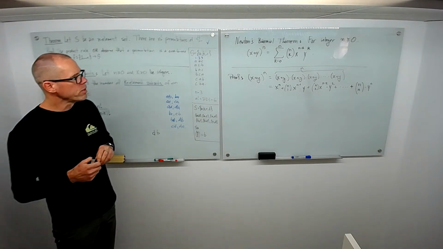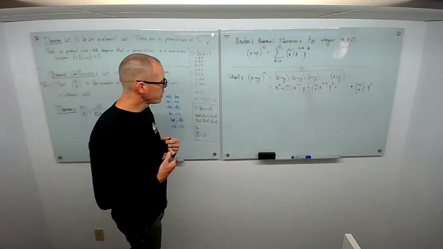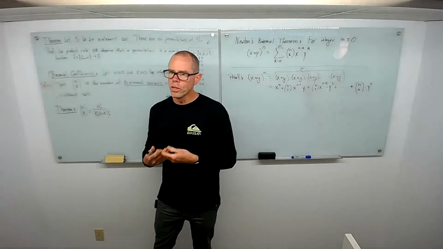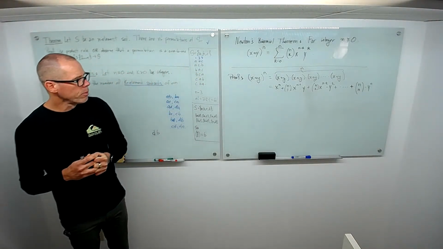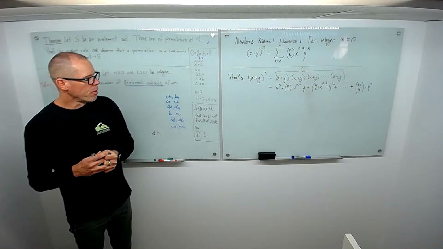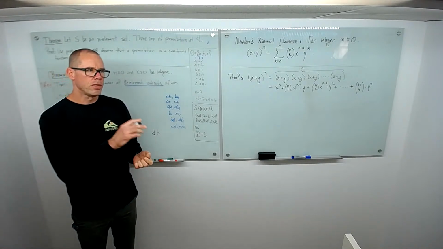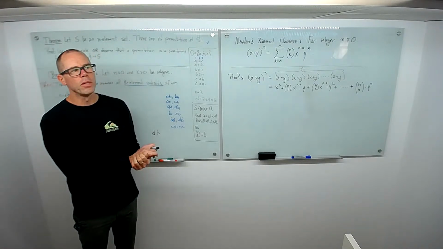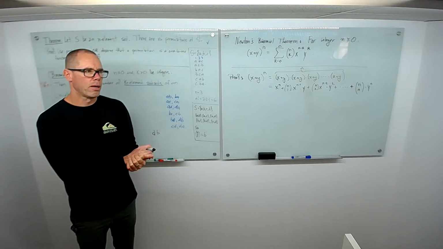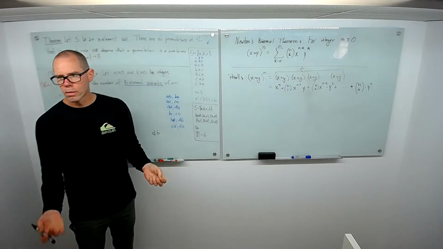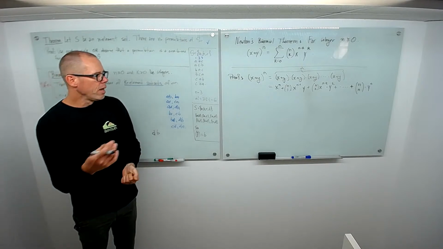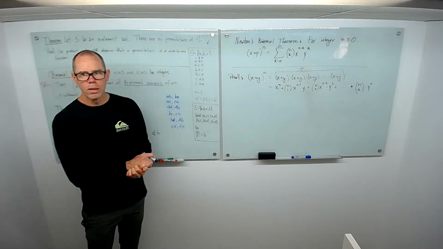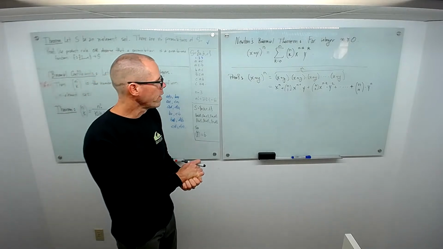If you want to know the total number of subsets of a set of size n, it's 2 to the n. We did that already when we looked at the bijection between subsets of an n-element set and bit strings. There were 2 to the n possible bit strings of length n, and there's a bijection between those and subsets of an n-element set.